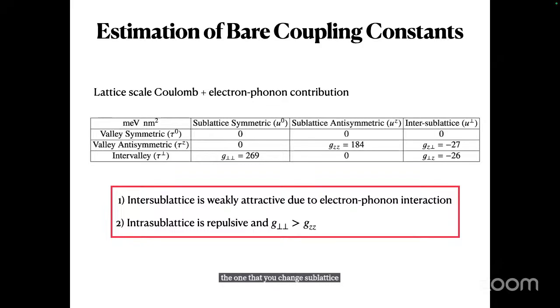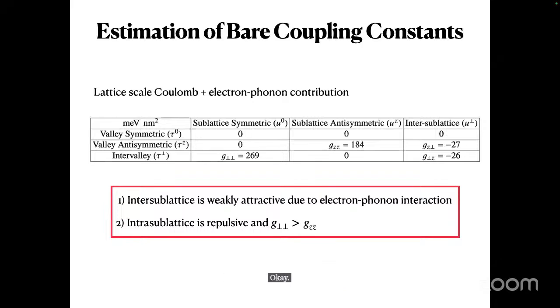Whenever you change sublattice, the optical phonon can come in. And optical phonon always contributes to attractive interactions. And in our estimation, the optical phonon wins over the bare electronic contributions. And as a result, it gives you attractive interactions whenever you change sublattice, okay?